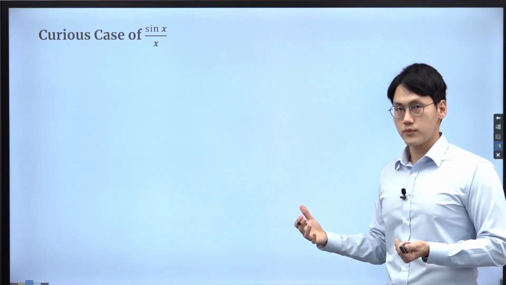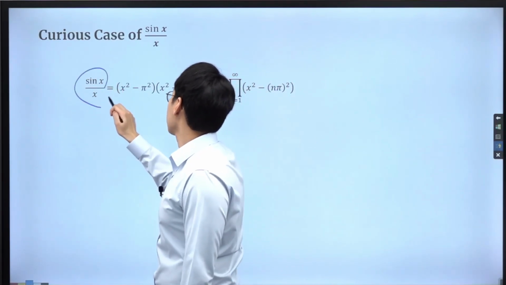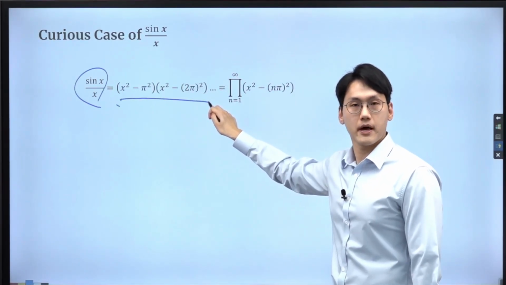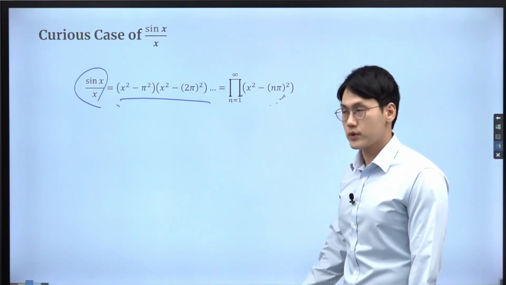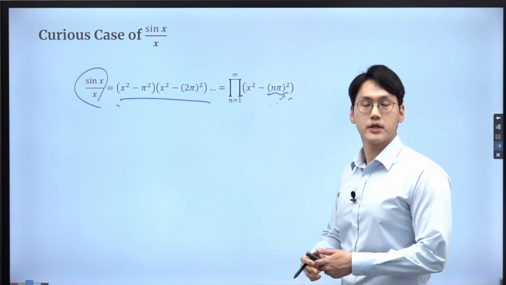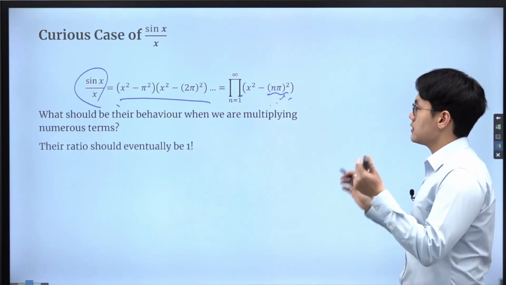Maybe I would check with the graph. Yes, sin x over x will be the product over plus minus integer multiples of pi. So we can put it as a product of quadratic factors made out of the plus minus integer pi. Easy peasy, lemon squeezy.